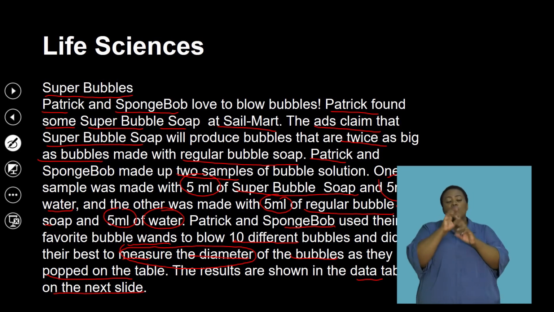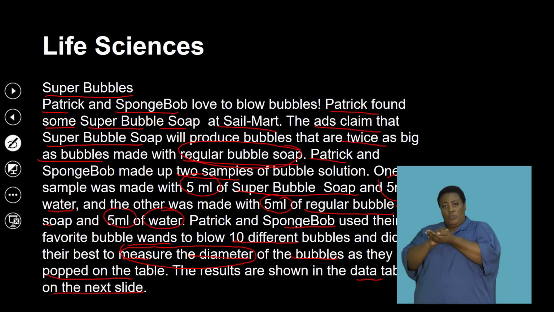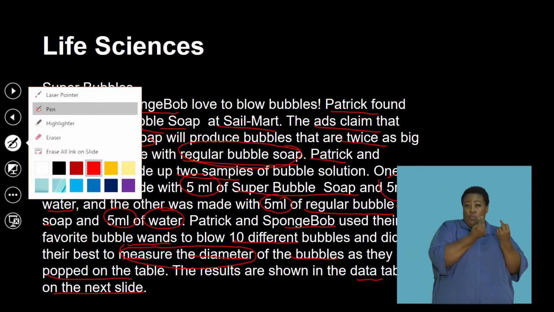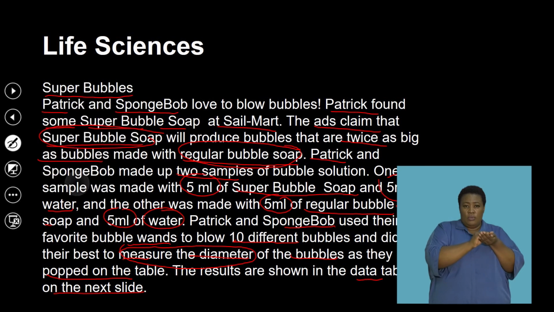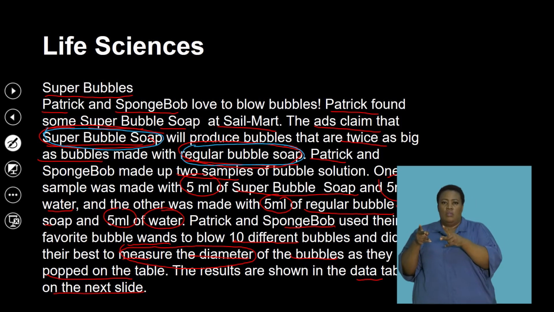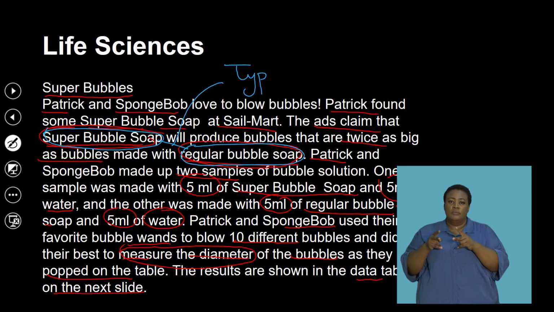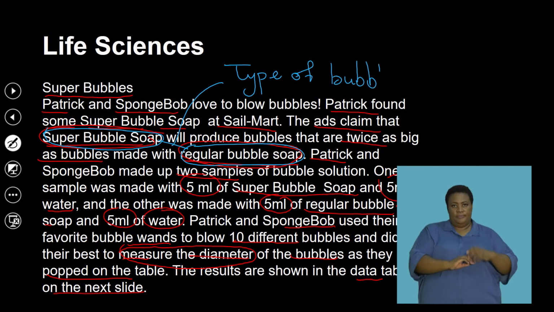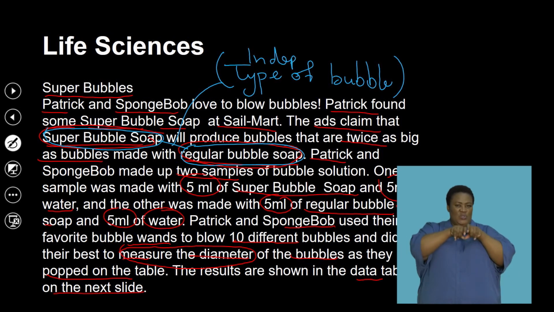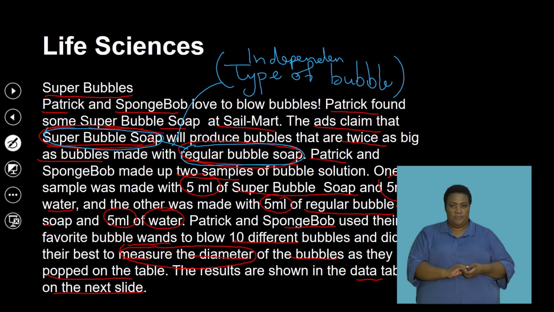They were looking at the regular bubble soap and comparing that to the Super Bubble soap. So that's going to be the type of soap or the type of bubble. We said that's the independent variable because that's what we're testing. Okay. So that's the independent variable.